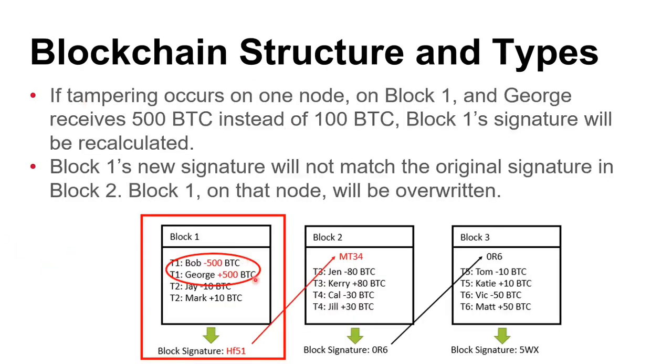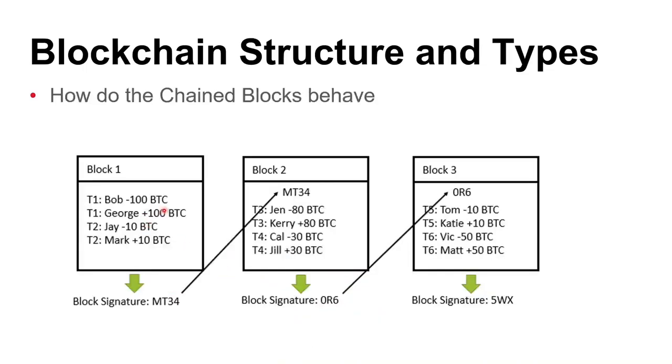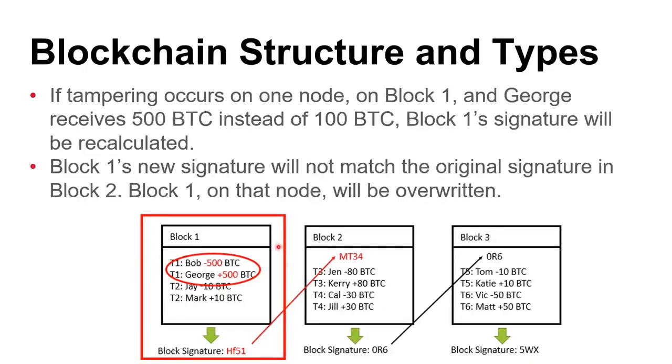If somebody were to tamper with it, before we saw George had at least received 100 Bitcoin, and somebody went in and changed it so George would receive 500 Bitcoin, that would change the hash. The hashes would no longer match, and this block would be dropped, and a ledger from another node would be brought in to overwrite this current ledger, or this current block.